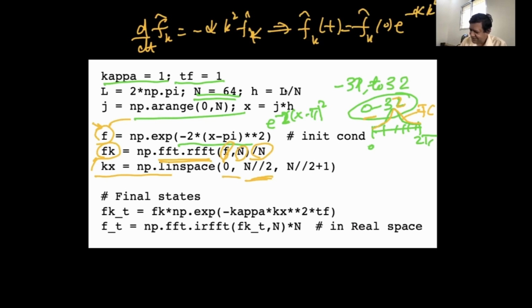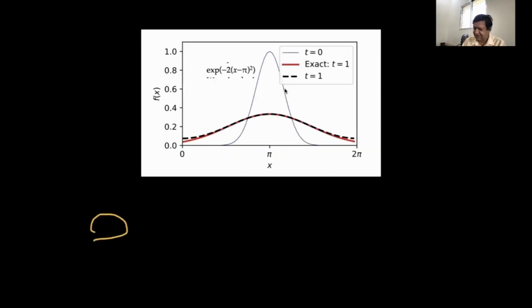So we put in the initial condition fk coming from here, and the exponential part, and that's it. We get fk at time t. I don't need to use Euler or any of it, and we can do the inverse transform. For a given fk, I can go to f at time t by just doing IRFFT, and we have the answer in real space at time t.